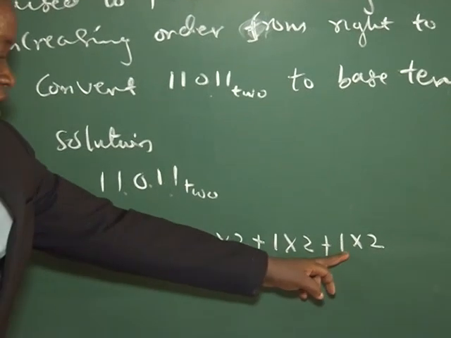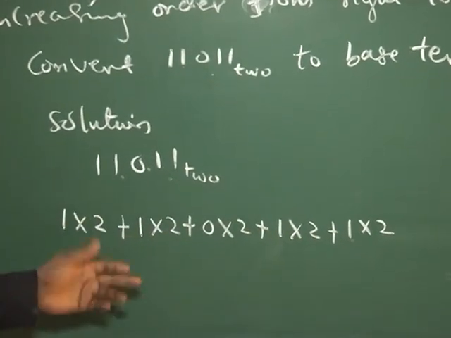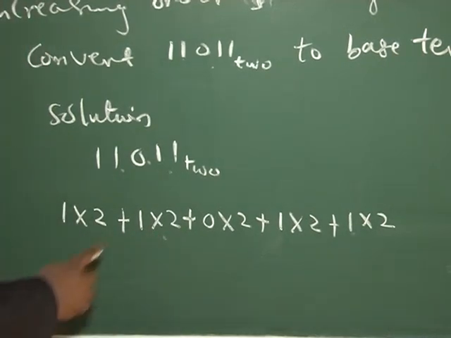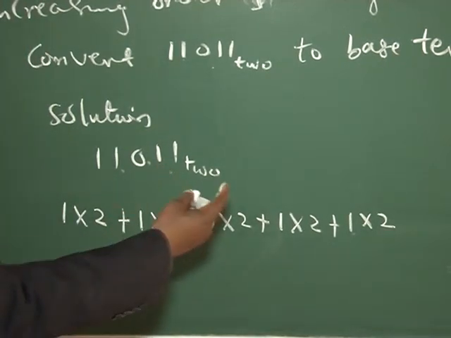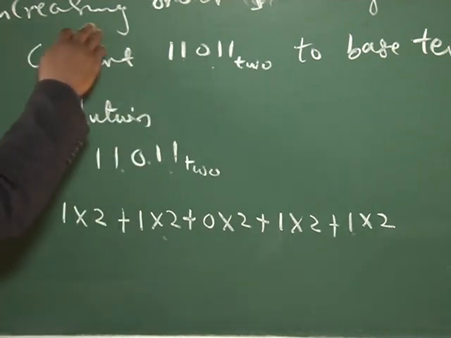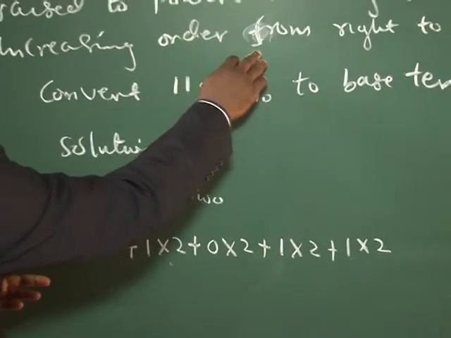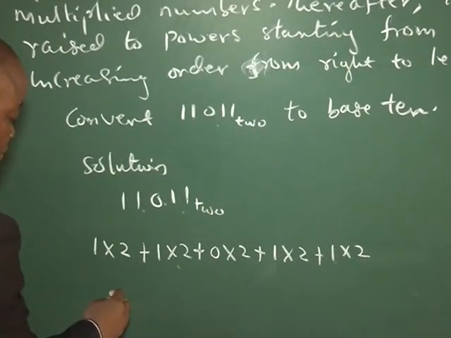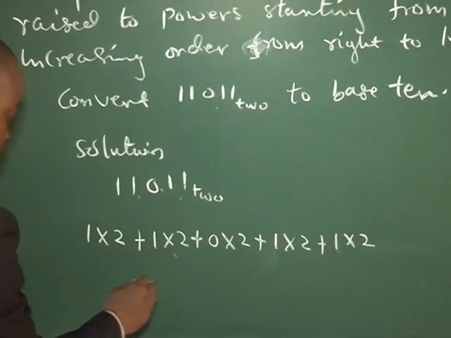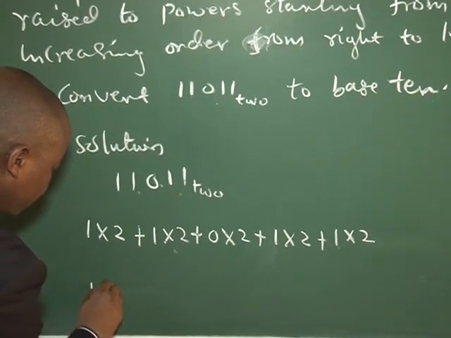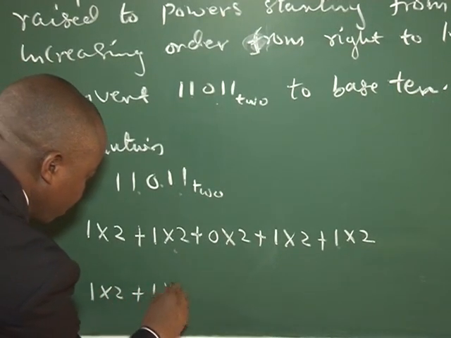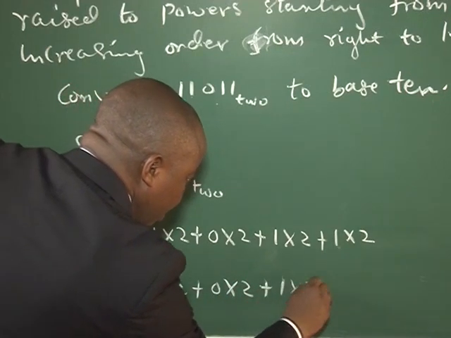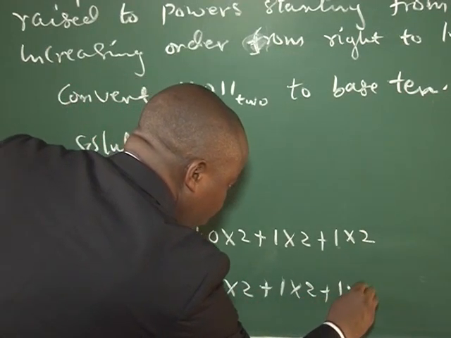Then we are saying that after that, raise the base, each base, from 0 in increasing order from right to left. So we'll do it this way: 1 times 2 plus 1 times 2 plus 0 times 2 plus 1 times 2 plus 1 times 2.